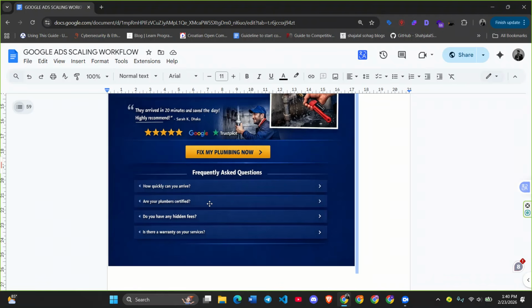If you fix just these, performance often jumps fast. So if you want to scale Google Ads profitably, stop focusing only on traffic. Start optimizing your landing page, because winners don't just buy traffic, they convert it better.